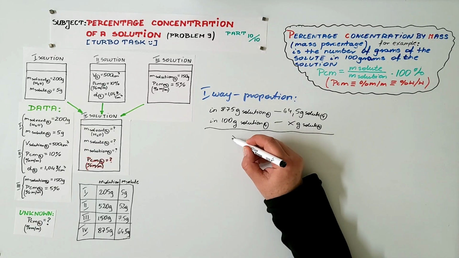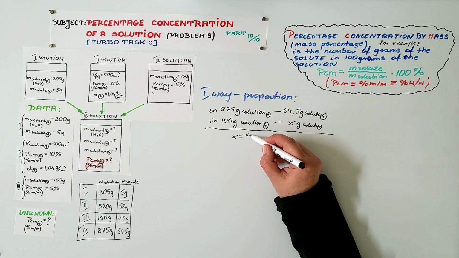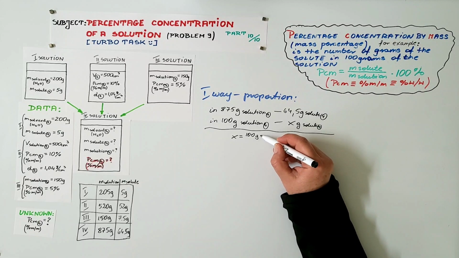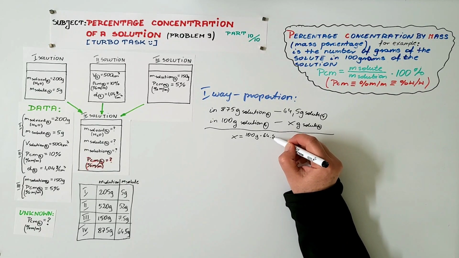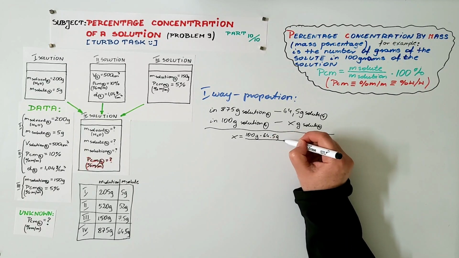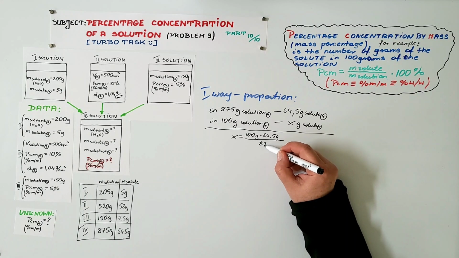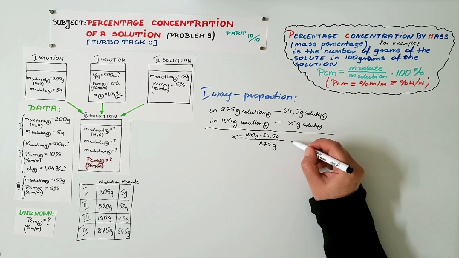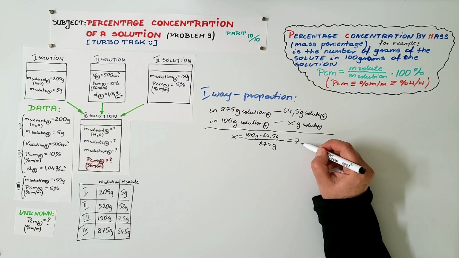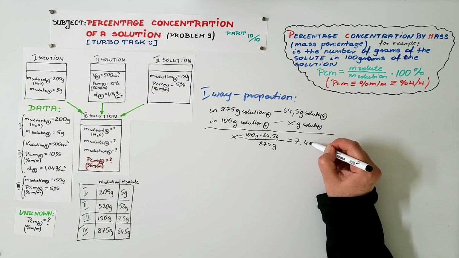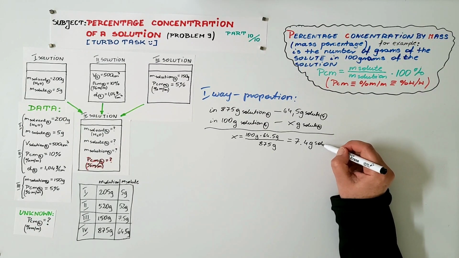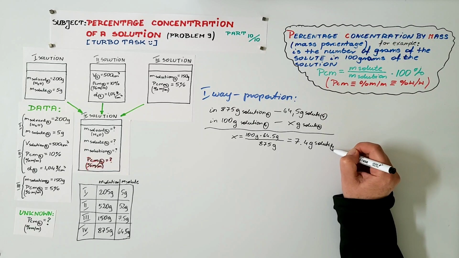So X equals 100 grams times 64.5 grams over 875 grams equals 7.4 grams of solute 4.